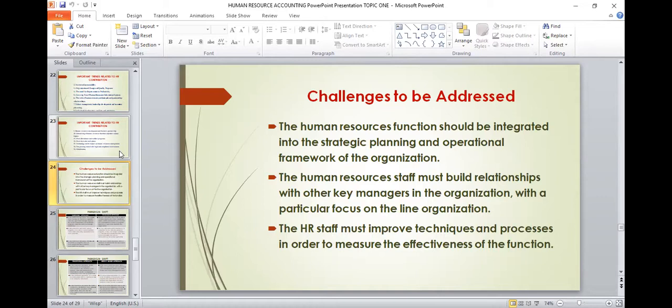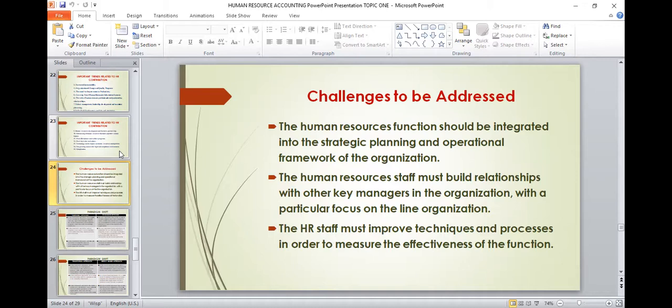The HR functions must be integrated into the strategic planning and into the operational environment. That framework must entail the input of the human resources. So that is a way we will be able to deal with the challenges that come as a result of the improvement, because there is no doubt we have to move.